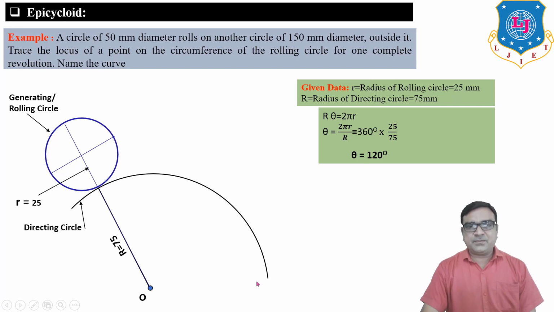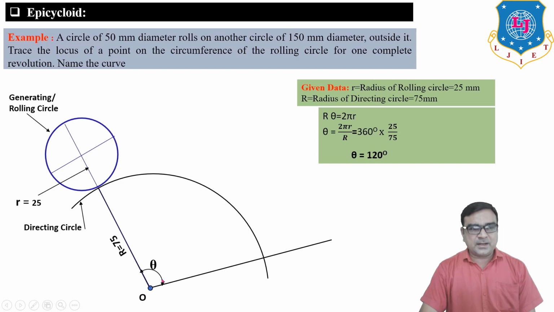Theta can be found with the use of this equation. Theta is equal to 360 degrees multiplied by small r by capital R, meaning the radius of the rolling circle divided by the radius of the directing circle. So we obtain theta equal to 120 degrees.